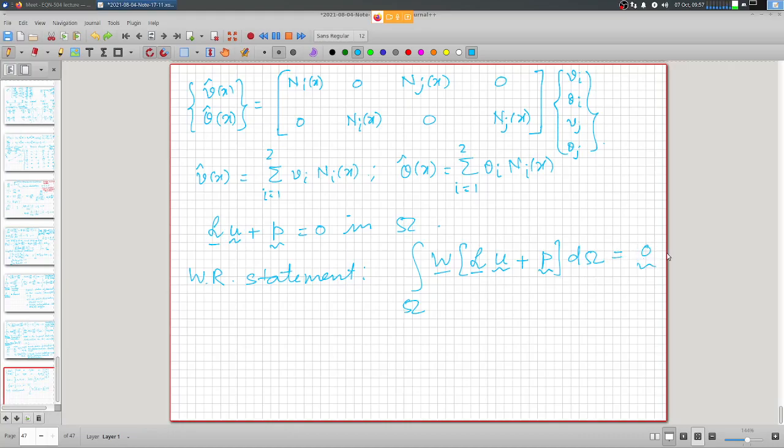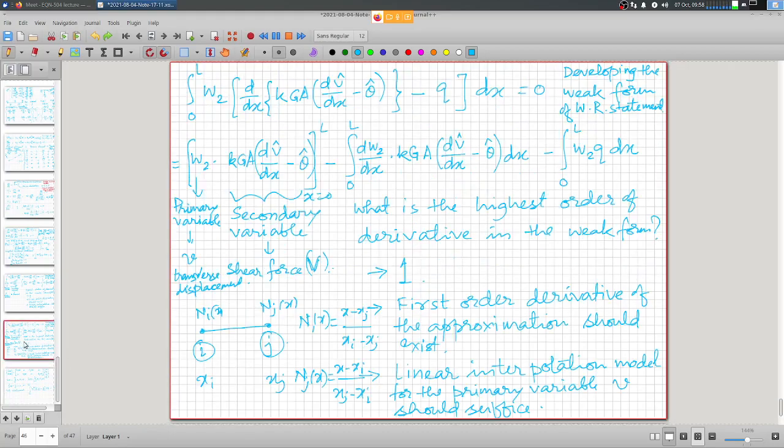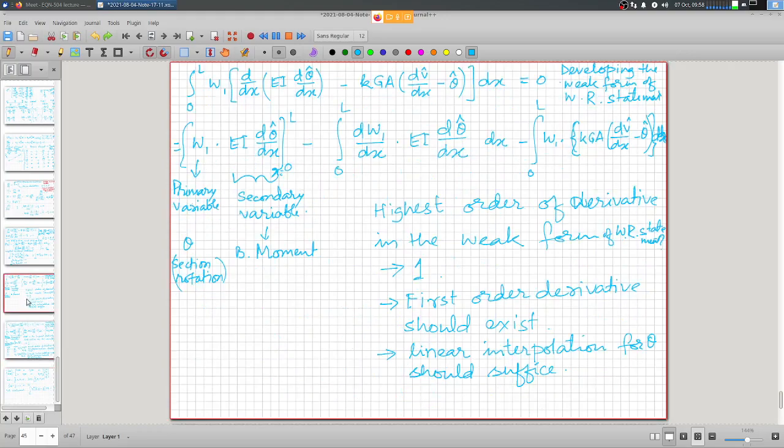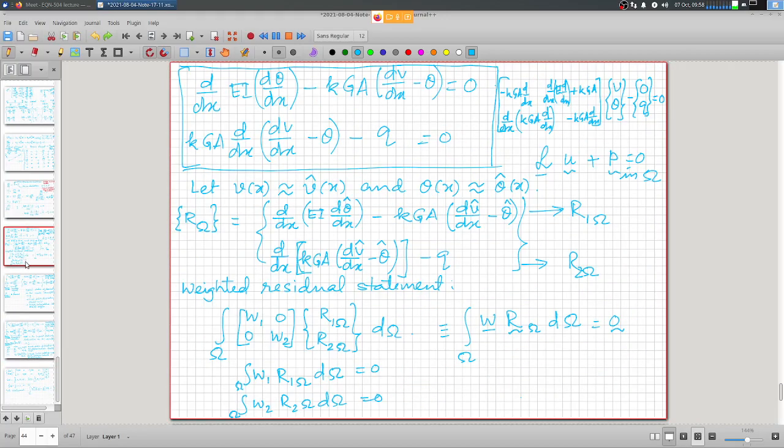That's a null vector. So this is what we have arrived at from the weighted residual statement, and we can develop it in matrix form.